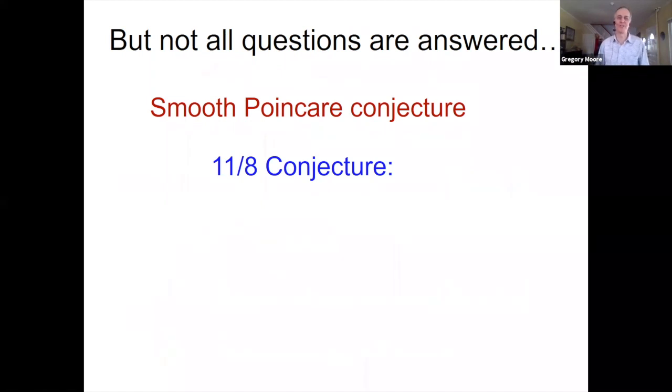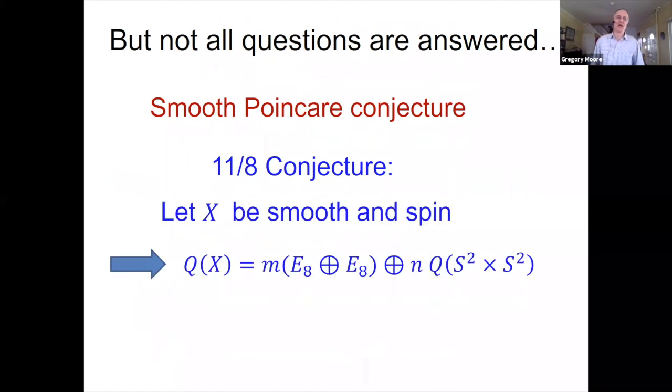It won't play a role in the rest of the talk, but there's something called the 11/8 conjecture, which says that if X is smooth and spin, it's well known that the intersection form that calculates intersections of surfaces in this 4-dimensional manifold has to be of this form: some integer number m of copies of the E8 plus E8 lattice, plus some number n of copies of the intersection form of S2 times S2.